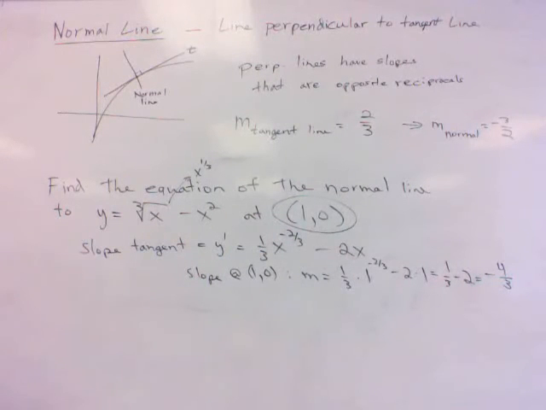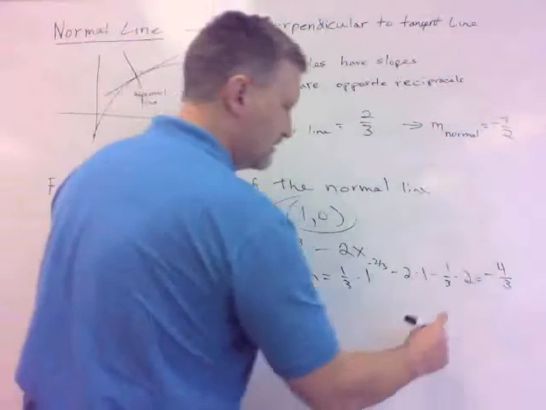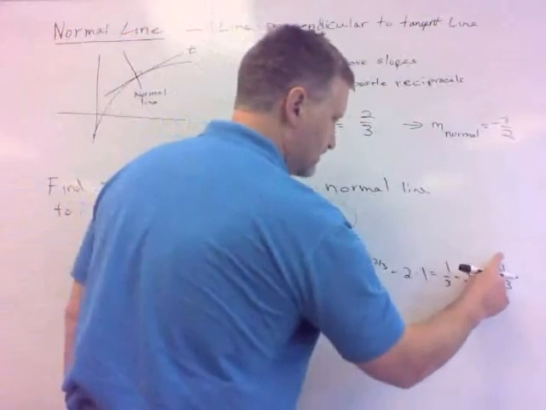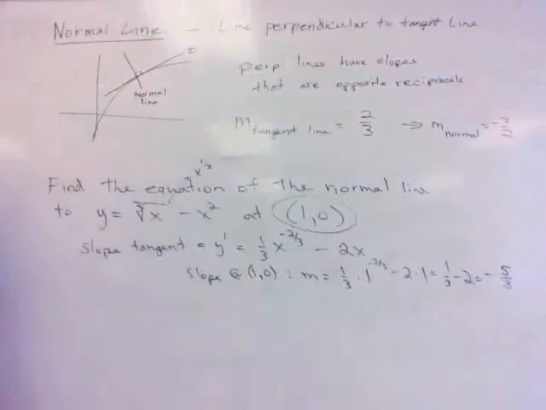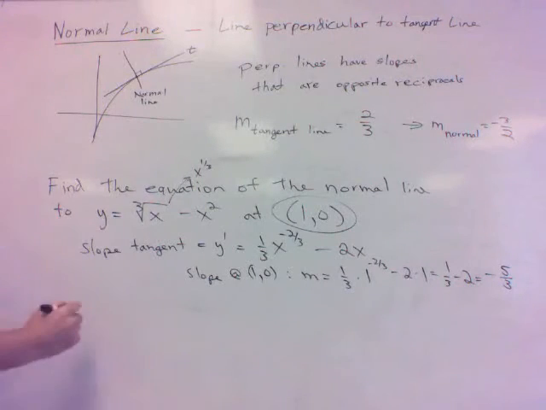However, that is not what I'm wanting here, but I have to find that one. Everybody with me so far? That's not right, is it? It's -5/3. 1/3 minus 2 is -5/3. Sorry about that.